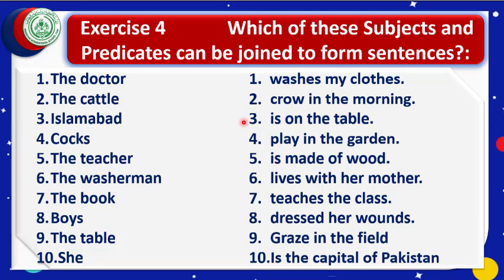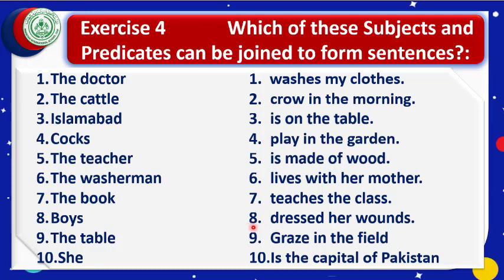No. We shall check all these predicates one by one and try to find out, can we write it with the first subject, that is the doctor? When we check all these predicates, we find this one more suitable for our subject.